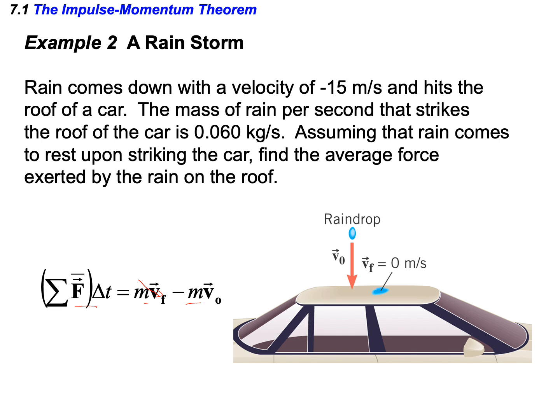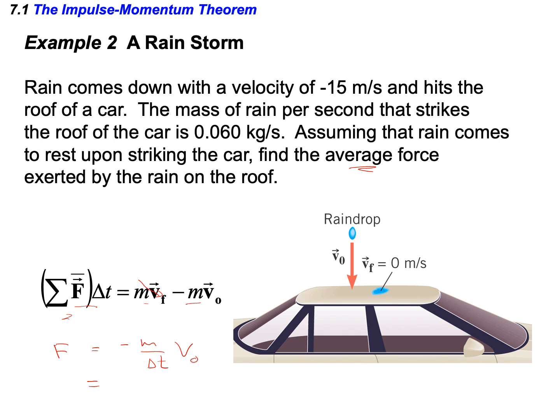So the question is, what is the average force? I can write force equals, dividing both sides by delta t, m over delta t times v naught, the initial velocity. M over delta t is mass per time, which is given.